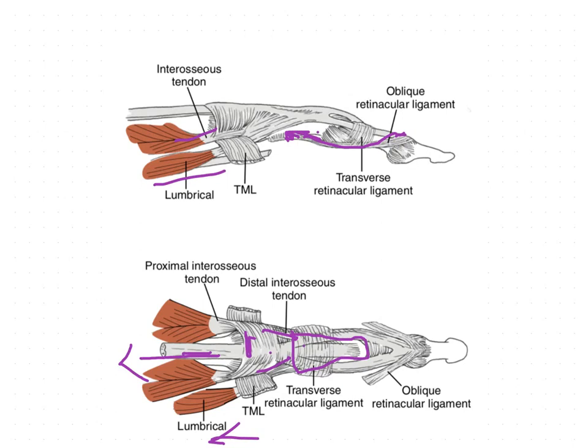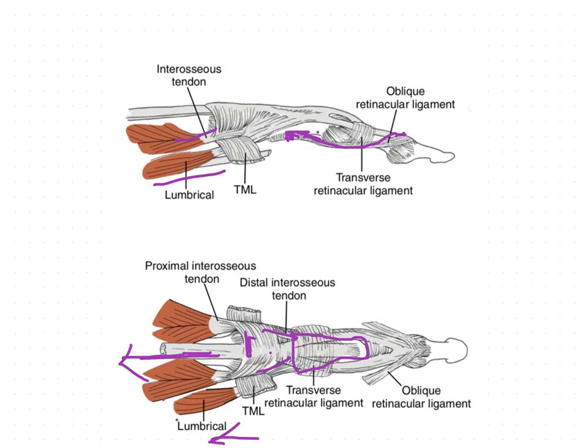Because when the extensor digitorum, interossei and lumbricals all contract simultaneously, the metacarpophalangeal joint extends, because the torque produced by the extensor digitorum tendon is greater than that of the lumbricals and the interossei muscles. So this is what happens at the level of the MCP joint.